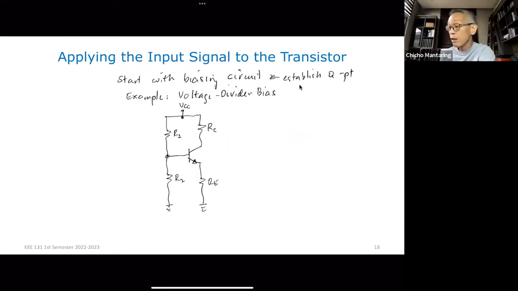If you have a common emitter amplifier, where do you apply your input? You apply your input at the base, but you have to capacitively couple it. Your capacitor will act as an open circuit to DC, but will act as a short circuit to your input signal. So this is for your common emitter.